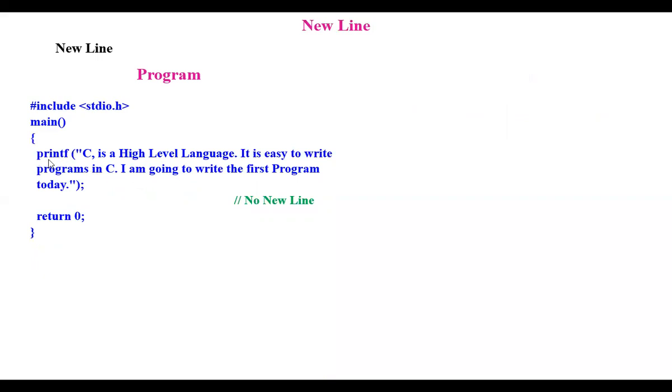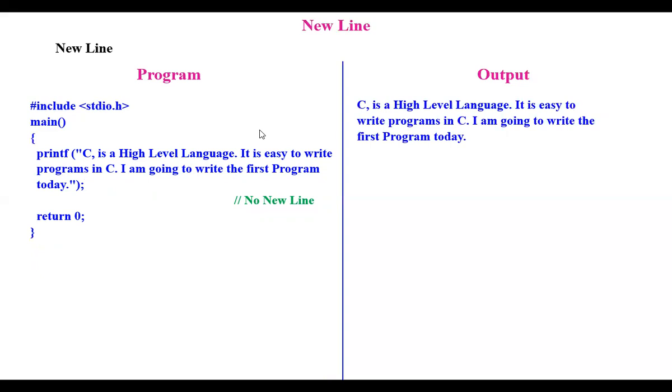Only one printf statement, and continuously you have written the matter inside this. Let us see what happens. We get it continuously: C is a high level language, it is easy to write, and so on. Whatever is written, you are getting continuously. So even though we have taken 3 printf statements in the earlier program or 1 printf statement here, there is no difference. Let us see in the next.